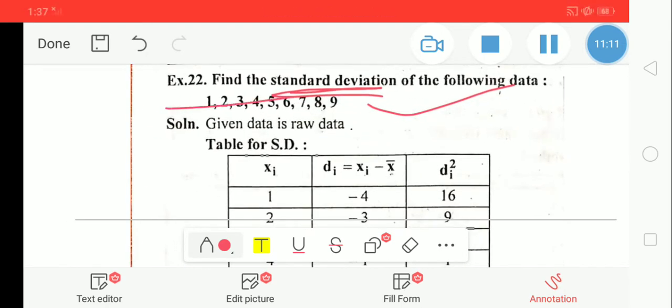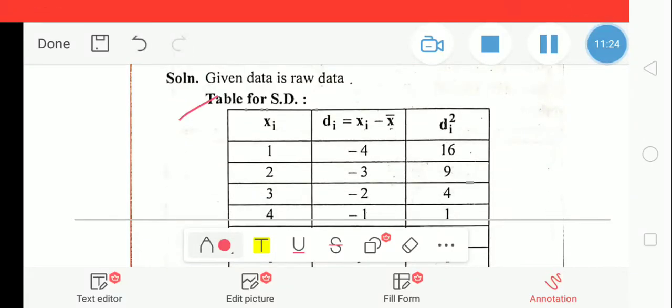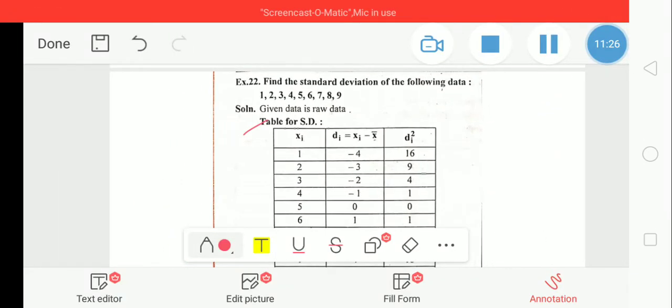This is a row, so we use the standard deviation formula for row data. So given data in a row, now the table for standard deviation. This is 1 2 3 4 5 6 7 8 9, that is the xi.